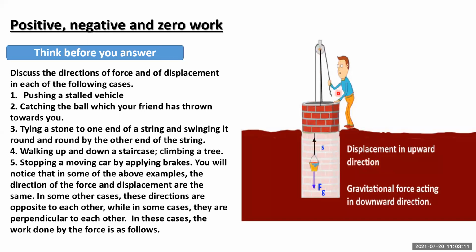But he is pulling the rope towards himself, which means he applies force downward. The rope brings the bucket upward. So the displacement of the bucket is upward and the force applied by the man is downward. Therefore, this is an example of negative work done.